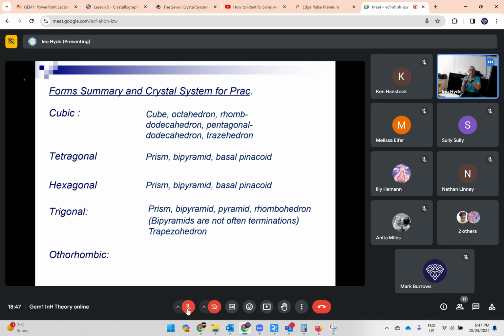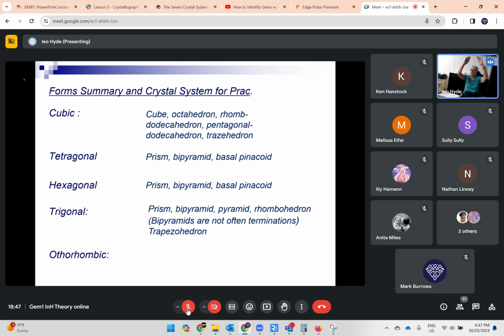If there's only one face, it can't be called a pinacoid, because you've got to have a pair to be a pinacoid. So with tourmaline, if it has a different face at one end of the C-axis and the other, then they have to have different names. So the bottom face, because it's a flat one, will get called a pedian.